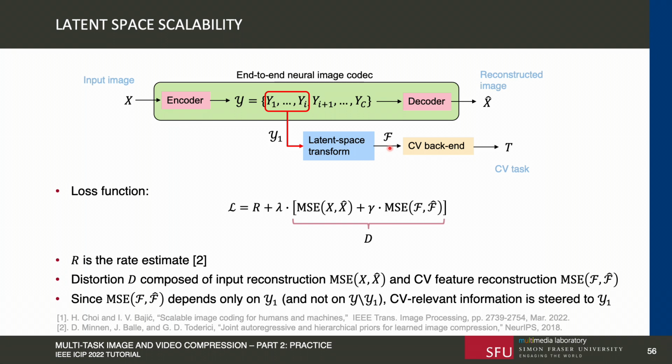And so the system will try to reconstruct these features that the backend expects as accurately as possible by minimizing this distortion here. So this kind of shows you that you can, in principle, train this system in a so-called self-supervised way. You don't really need labels here. If you use a pre-trained backend, you can essentially accomplish this training just by feature matching at this point.